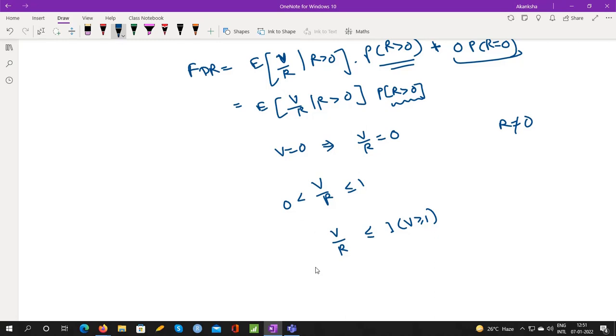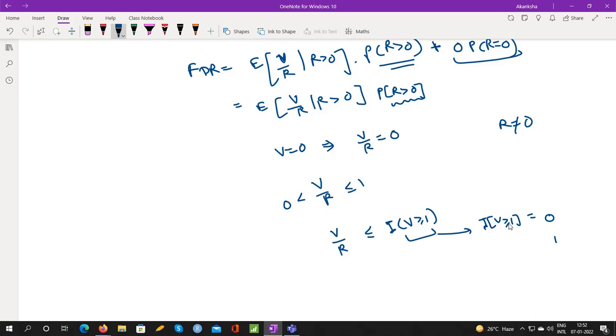Now this is a slightly non-trivial step. This doesn't come naturally to us, but try to think what we are doing. So for an indicator function, what are the possible values? 0 and 1. So when would this be 0?